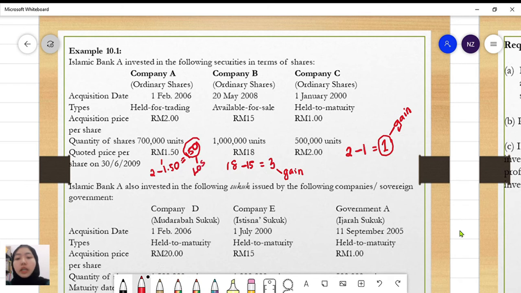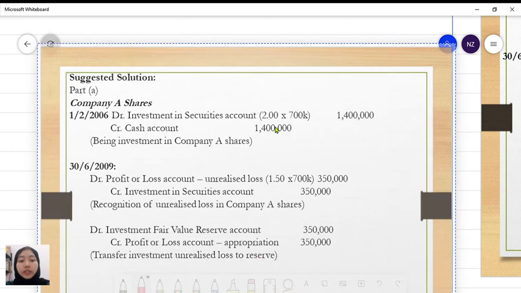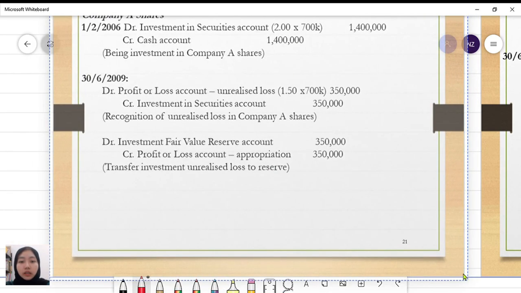So to record the total loss or the total gain we get, it is the amount, or the difference of the share price earlier. We have to find the difference of share price first, then we can calculate the total by multiplying with the quantity of our shares. Right.